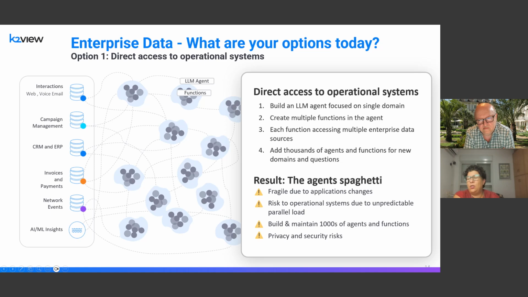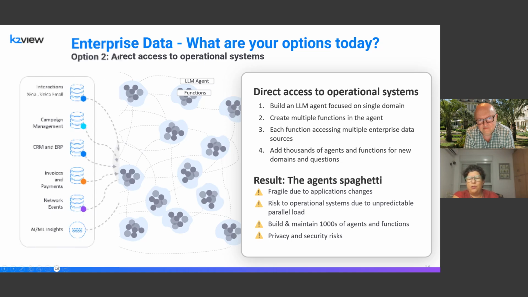So there's a load problem and also a potential security problem. How can we limit and put controls in place so that people that get access through the LLM, through GenAI, also have the relevant controls in place to access only the data they need and not to harm or jeopardize the operating systems? So that's one approach, which is clearly not working today.